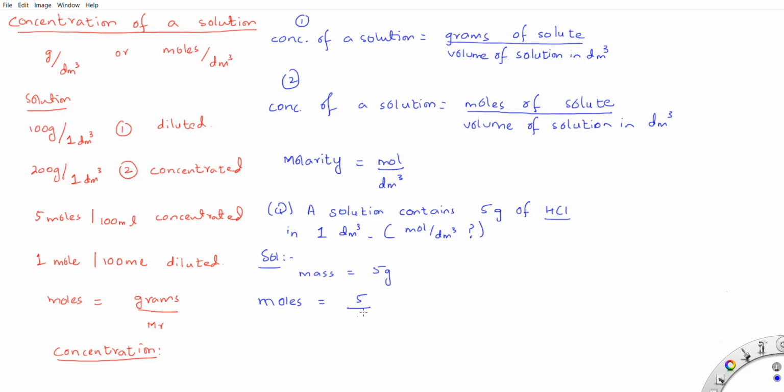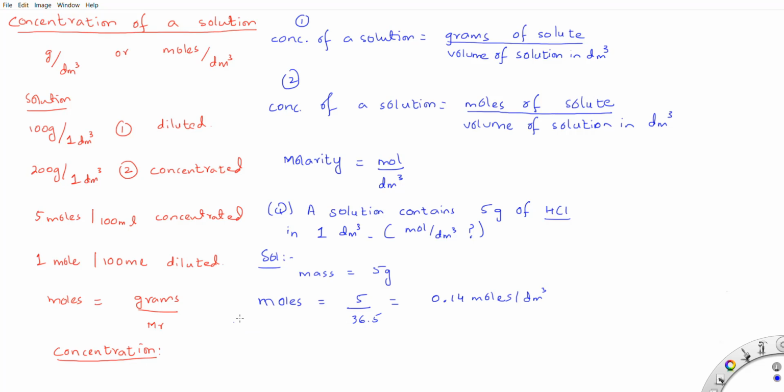HCl would be 36.5, and the answer comes out to be 0.14 moles per liter. So this is 0.14 moles per liter. This is one way of expressing a solution in concentration, or this is one way to calculate concentration.